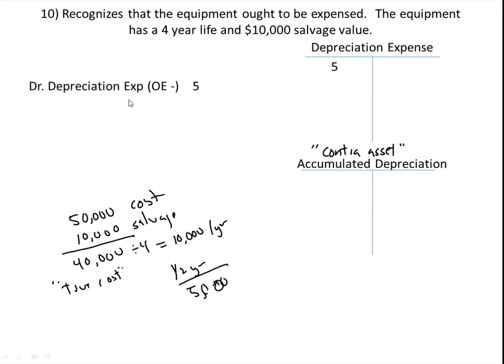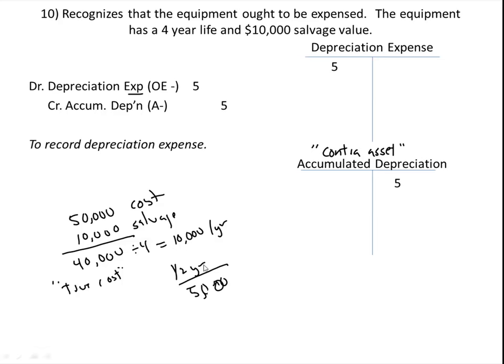We always debit our expenses. And we are going to credit not the equipment, we're going to credit this accumulated depreciation account. It's making our asset go down not because it's an asset account itself, but because when paired with our equipment account, the two of them together reduce the value of the underlying asset.